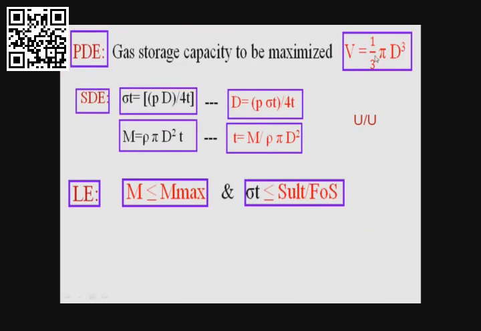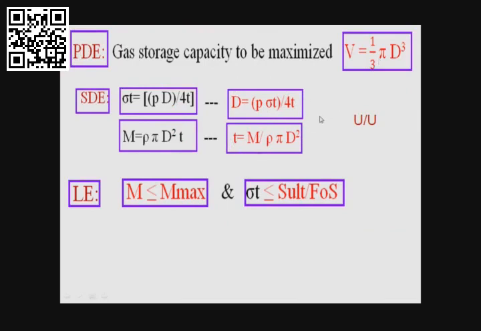Suppose we are able to substitute the secondary design equations in the primary design equations. Let us say the secondary design equations do not have the diameter notation. Suppose there is no diameter mentioned in the secondary design equations, so we cannot substitute in the primary design equations. In that case it is not the case of normal.